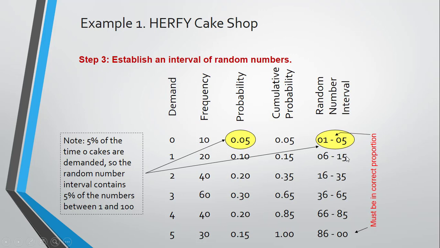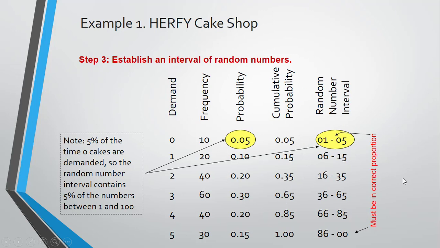The next one, 16 to 35, is the third interval. 36 to 65 is the next interval, then 66 to 85, and 86 to 100. So you set a random number interval based on your cumulative probability distribution.